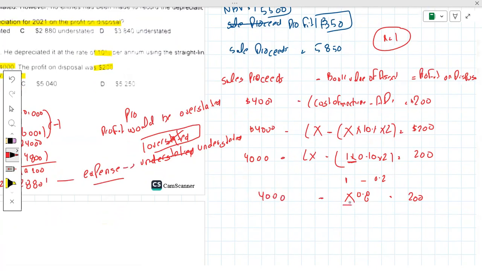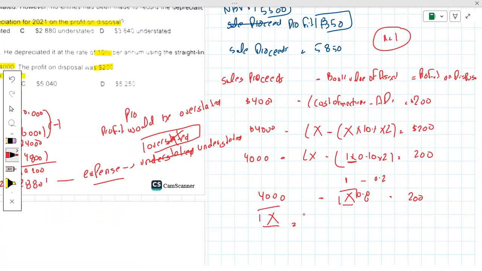Because we want to find out the X value, that is why we are making it the subject here. This is the cost of the machine.